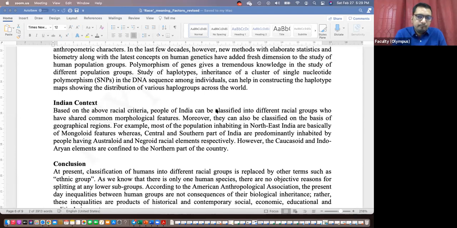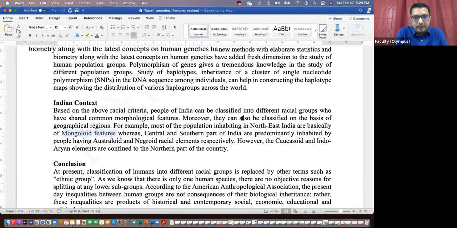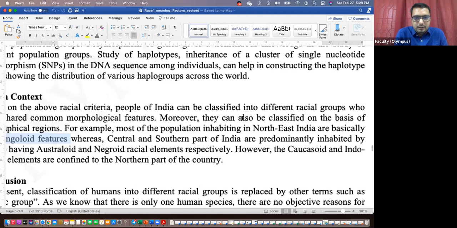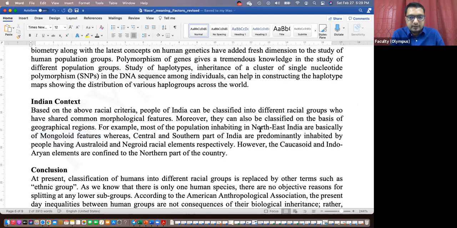Okay, right. So I briefly talked about the Indian context; you can focus on these elements. Expanding more on Risley's classification, in India you may find different elements. Northeastern Indians basically have more Mongoloid features, whereas the central and southern parts of India predominantly have Australoid and Negroid elements.